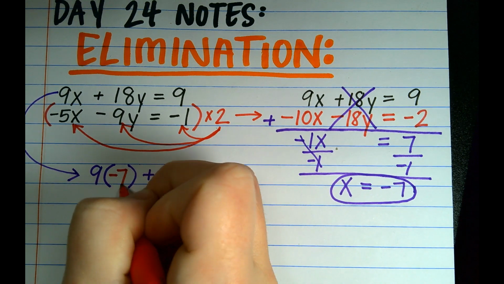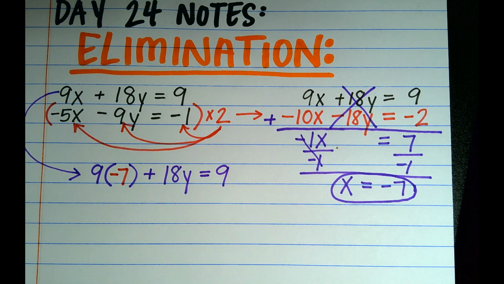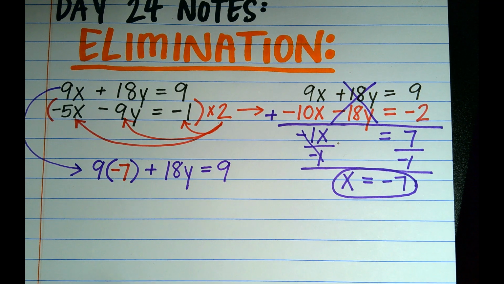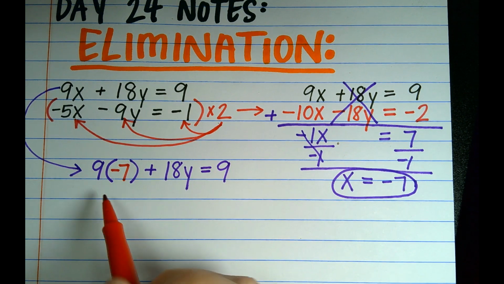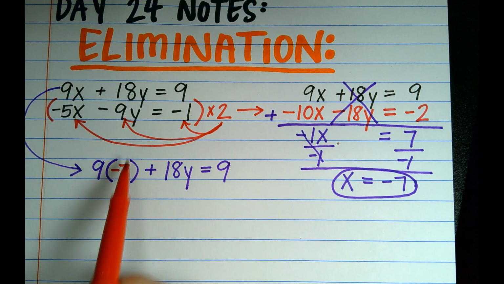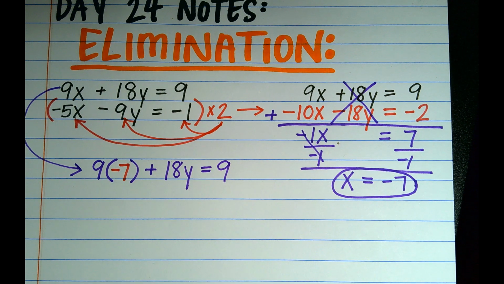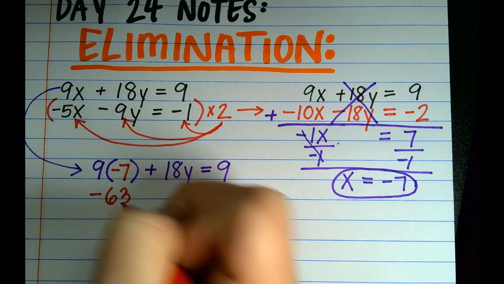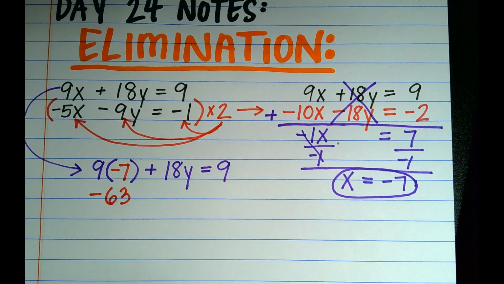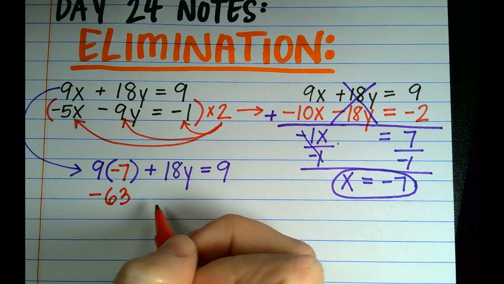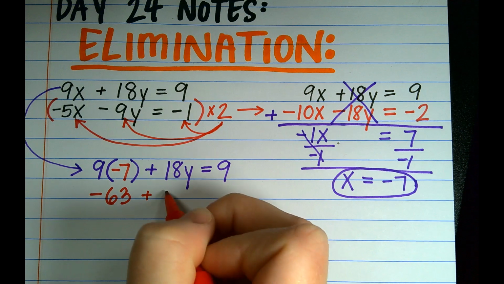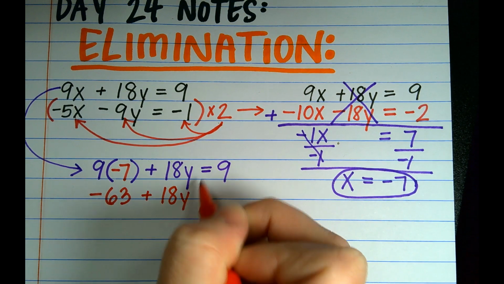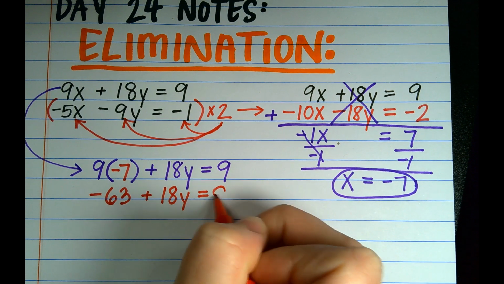That's the x value we found. So now we just need to solve for y. What is 9 times -7? -63. And then I'm going to bring everything down. -63 plus 18y equals 9.